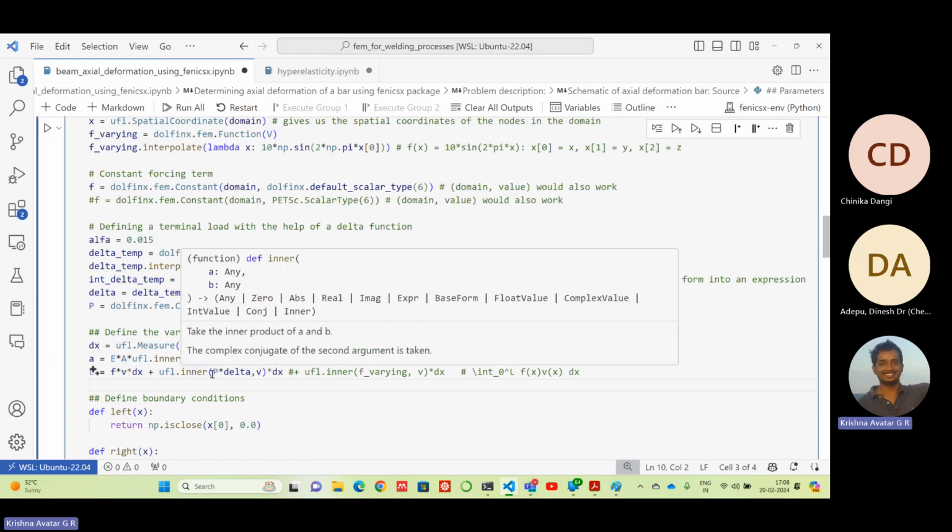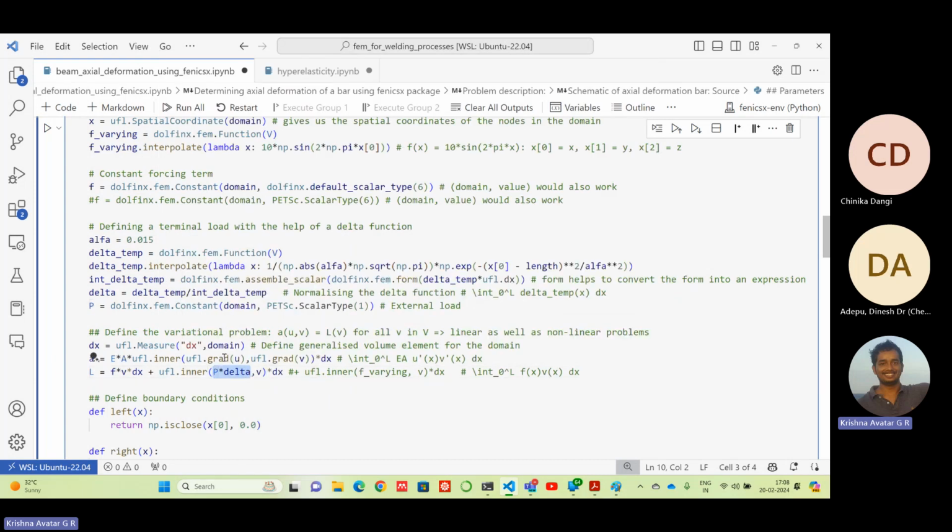So we first define an inner product between P into delta. Now recall that P into delta will be such that the effective P will only be at the tip. At other points, it will just be 0. In fact, it will be so small that it's just equal to 0. And if you really want to make it closer to 0, we just have to decrease the alpha value, and make the delta function much sharper.